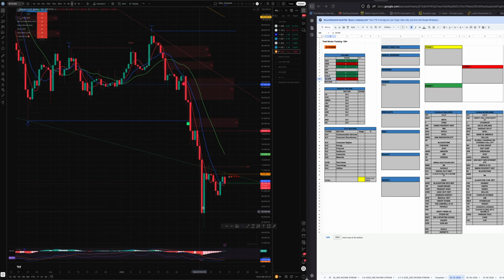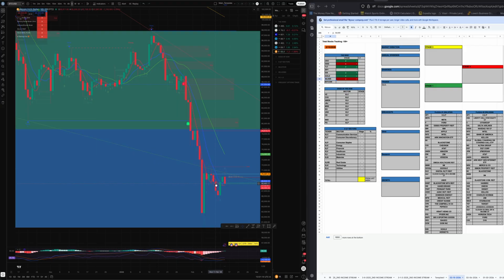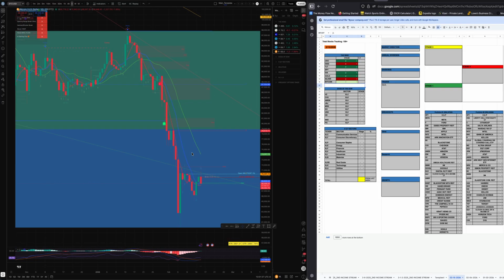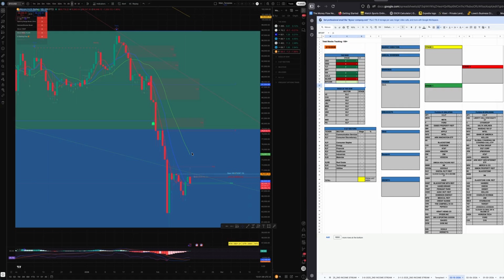Bitcoin right now is bouncing off the 5 and the 10, so it's slightly in stage one. It hasn't created a higher high yet, so it could.